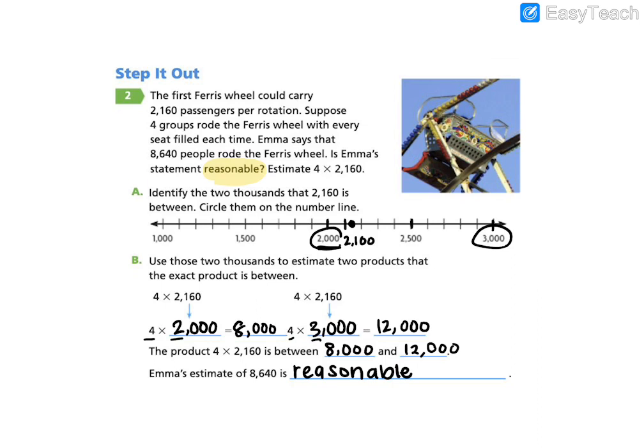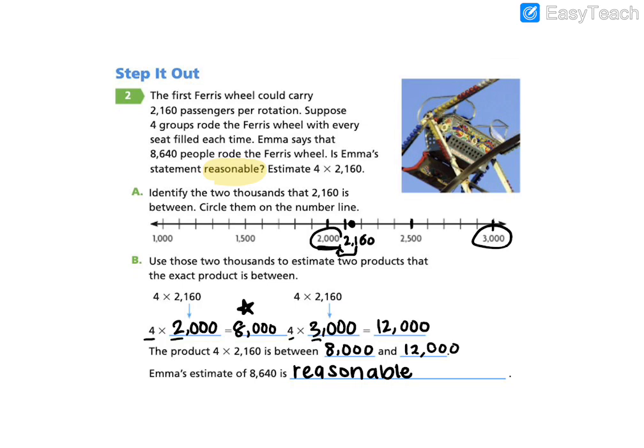Go ahead and star which estimate you think is going to be closer to the exact product. Good, so if you starred 8,000, 4 times 2,000, you are correct. That's going to be closer to the exact product because just like on the last problem, 2,160 is closer to 2,000 than it is to 3,000.